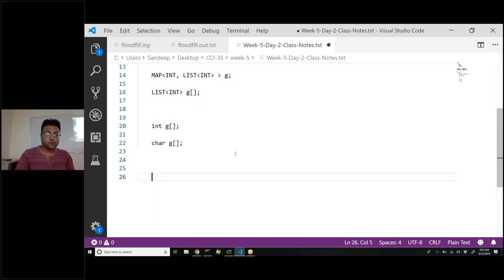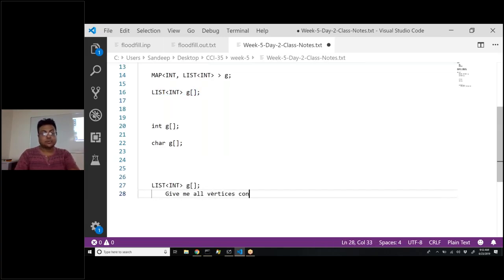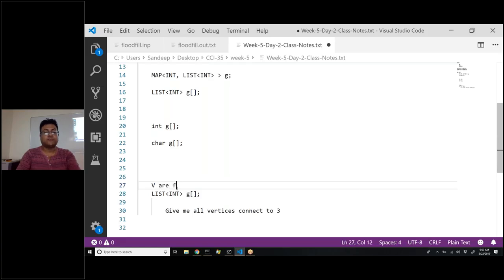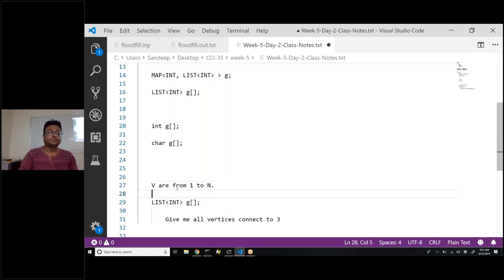Now if G is an array where each element is a list, how do I know, if this is the representation we are using, all vertices connected to 3? How will I get that? This is the array. Vertices are from 1 to n.